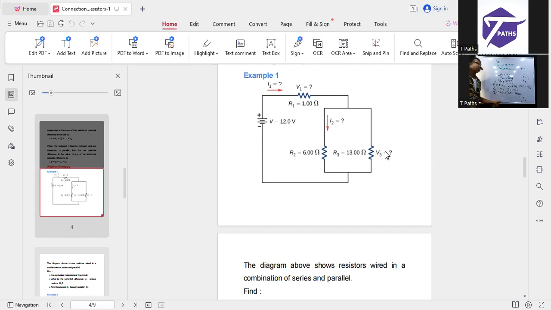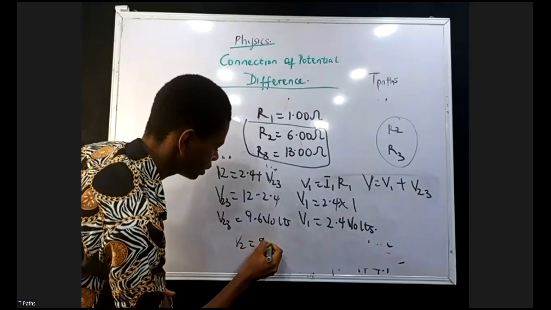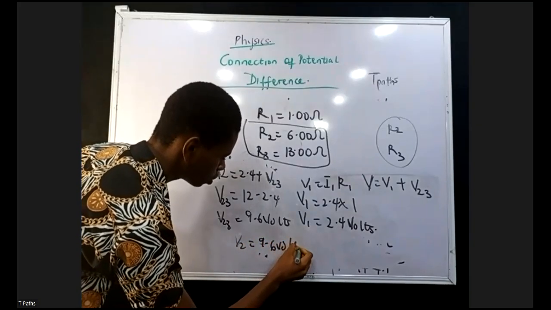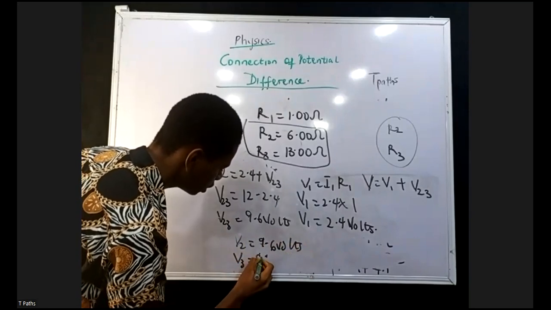Because when resistors are connected in parallel, you can just pick one of the potential differences across the resistors. So the two of them have the same 9.6 volts. So I can say my V2 is equal to 9.6 volts, and V3 is also equal to 9.6 volts.